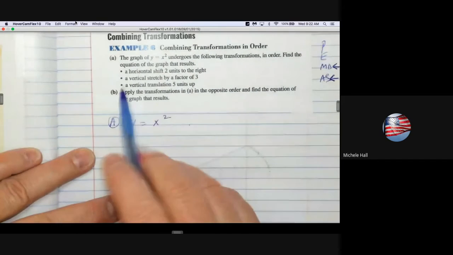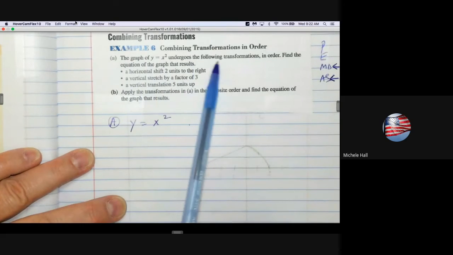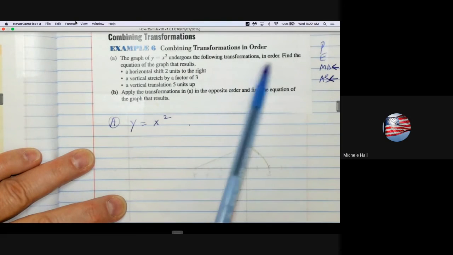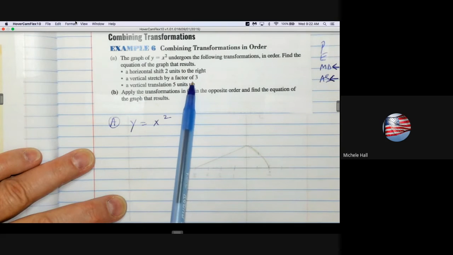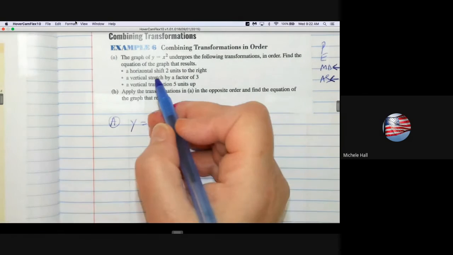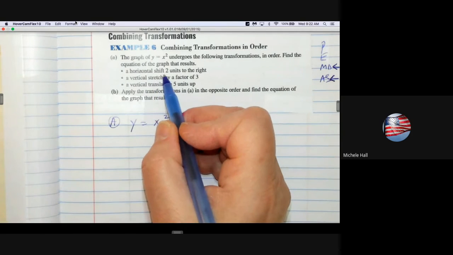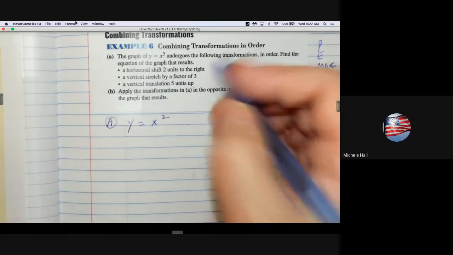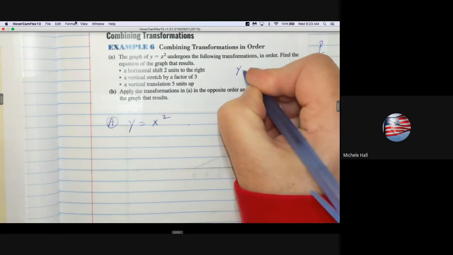All right, A says that we're going to take x squared and we're going to do the following transformations in order of how they've written them. We're going to find the equation of the graph that results. So first thing they want us to do is to horizontally shift 2 units. I would just like to keep this in mind.